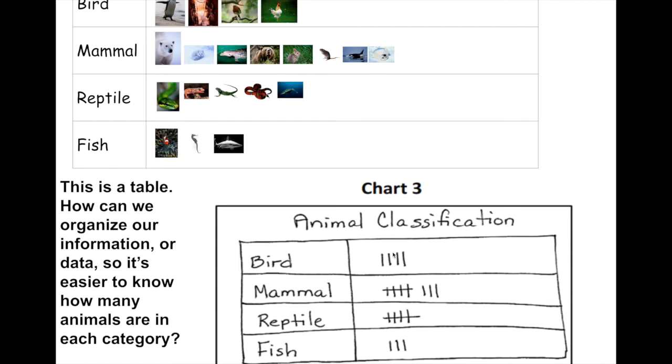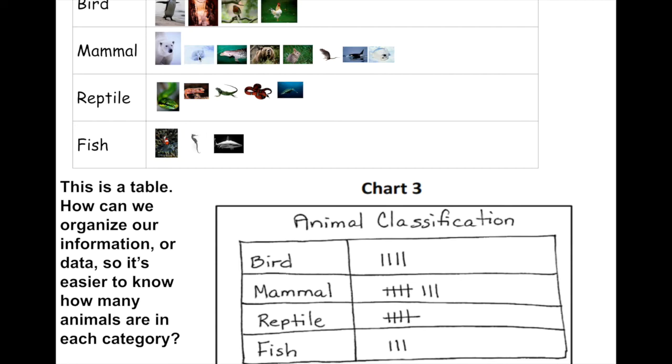So we want to go ahead and confirm that all of the data we have in this chart is correct. So we're going to count up our tallies and then count up our pictures and make sure we have the right number in each category. So we have here 1, 2, 3, 4 tally marks, and I have 1, 2, 3, 4 birds. So that's right. And then I have 1, 2, 3, 4, 5, right? This is our group of 5. 6, 7, 8.